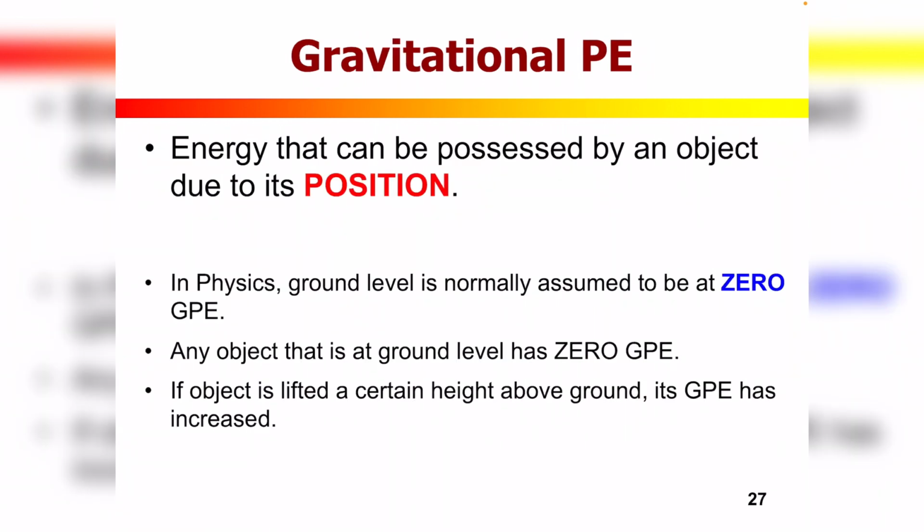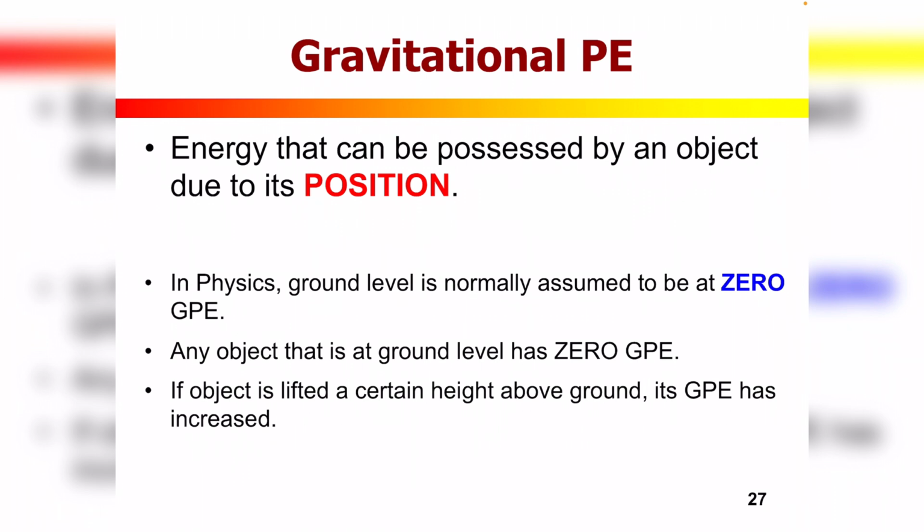Okay. Now let us move on to the GPE, or the gravitational potential energy. So energy that can be possessed by an object due to its position is what we call the GPE, or the gravitational potential energy. In physics, ground level is normally assumed to be at 0 GPE.